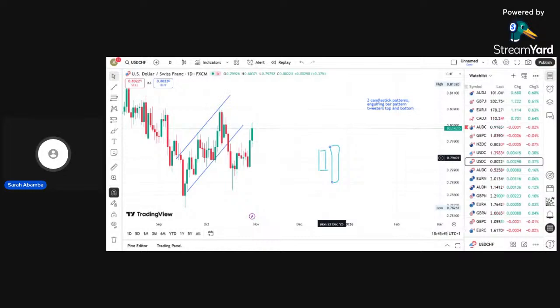Now, as usual, we have the bullish engulfing and the bearish engulfing. It must be the opposite. Bullish indicates that the market is going to buy. Bearish indicates that the market is going to sell. Simple. So for the bullish engulfing, your conditions are these.